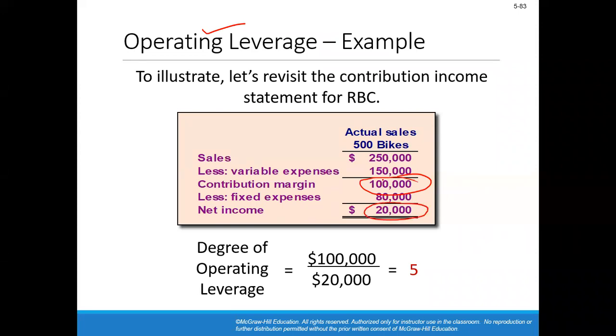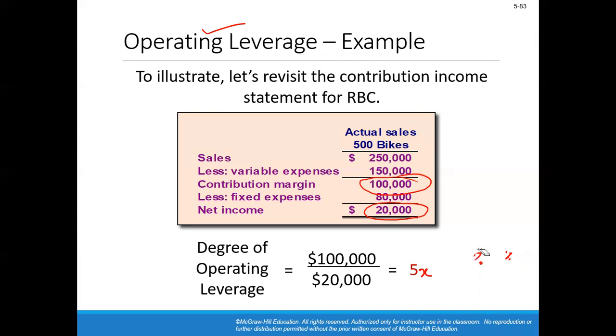So if I divide this contribution margin of 100,000 by the net operating income of 20,000, we have an operating leverage of 5. Here it is expressed in terms of 5 times, or 5x. What does it indicate? It indicates that if my sales change by say 1%, my net operating income is going to change by 5%.